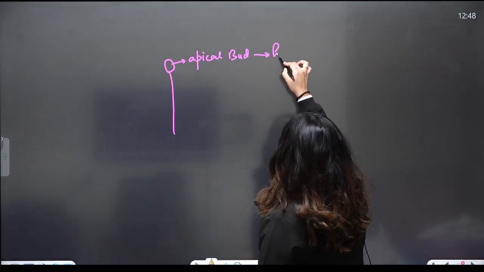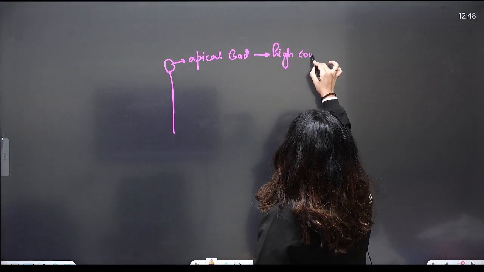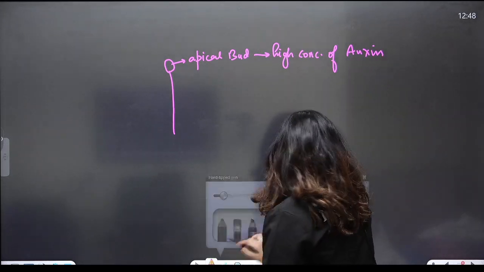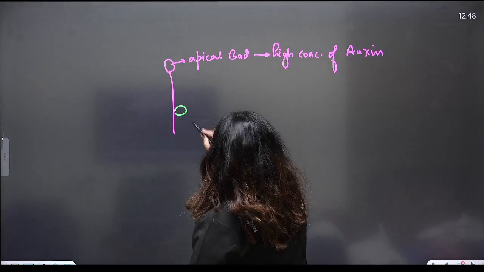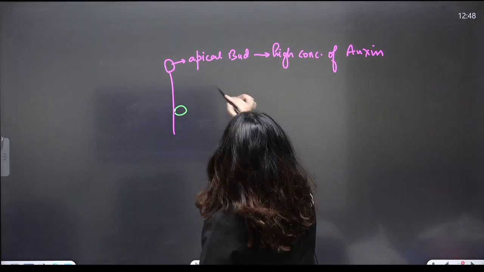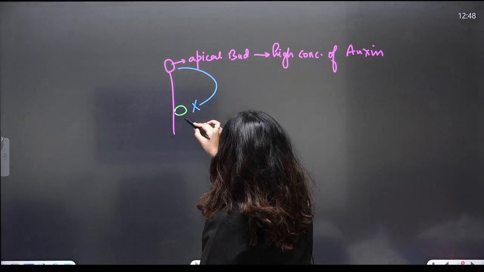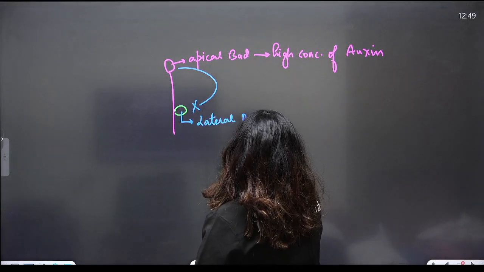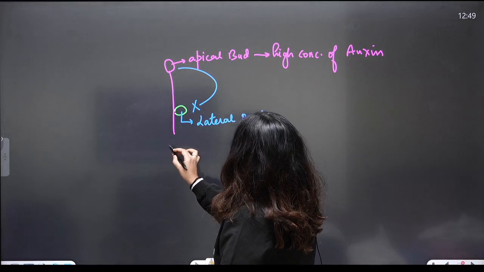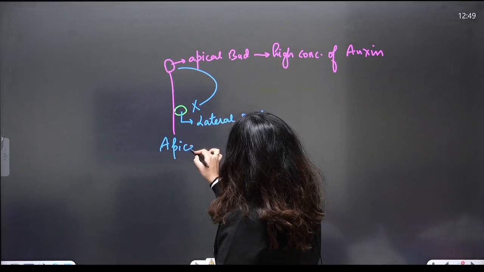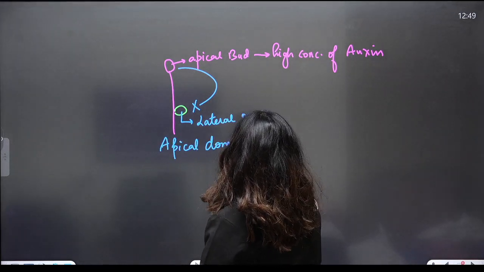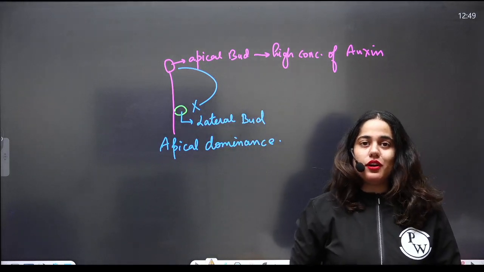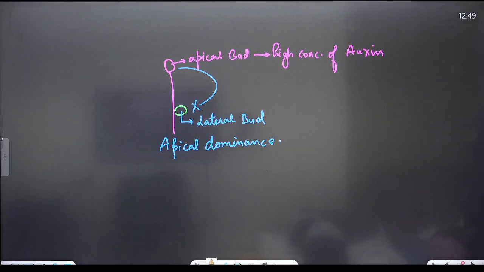It has a high concentration of auxin. So whenever this apical bud is present, it won't allow the lateral bud to grow. This is the lateral bud. This is known as apical dominance.